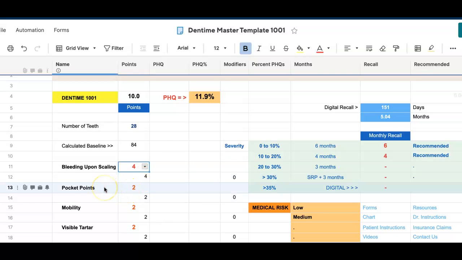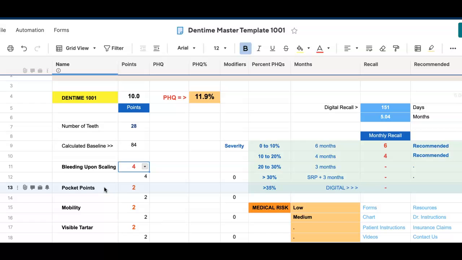Here's one of the magic parts of our system, pocketing. It turns out that you can actually go through a quadrant, do your probing, and we use the mesial buccal probing depth. And then we imagine that 2 is normal, and then we add up the number of points above normal.